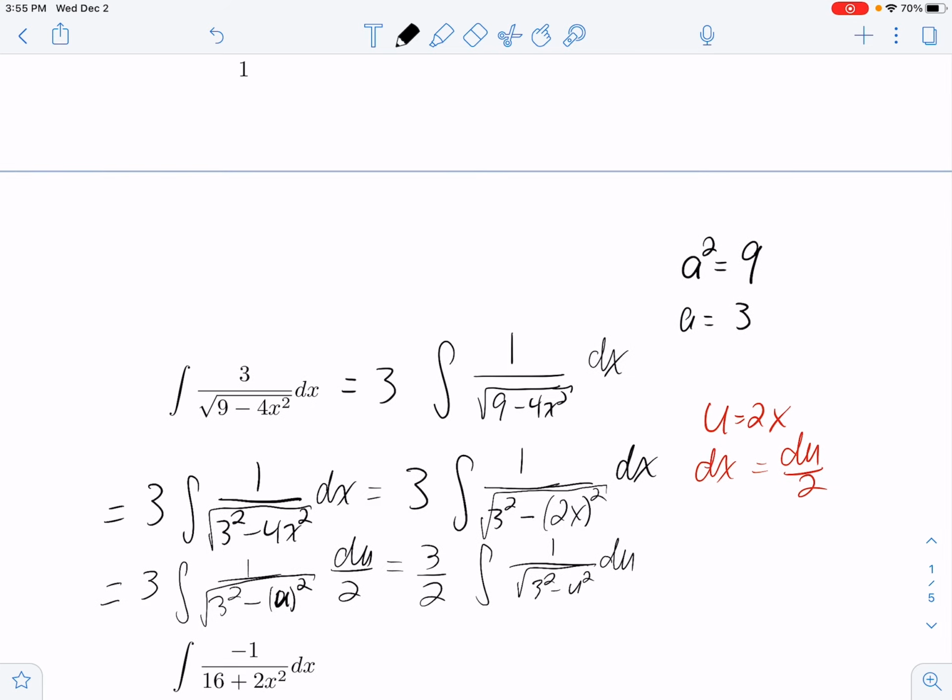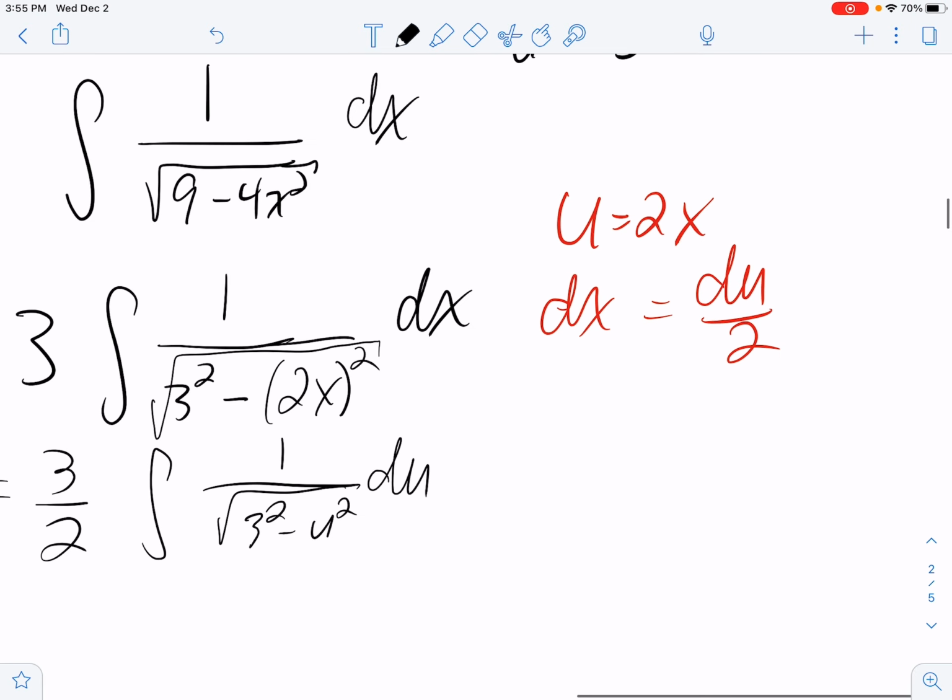All right, and now this guy looks like our arcsine. It's a squared minus u squared.